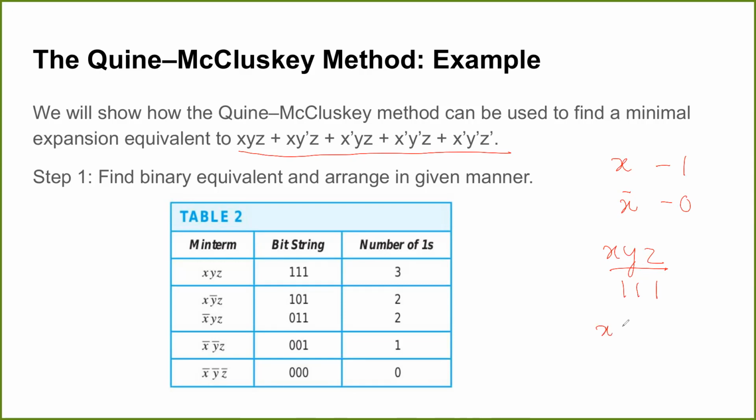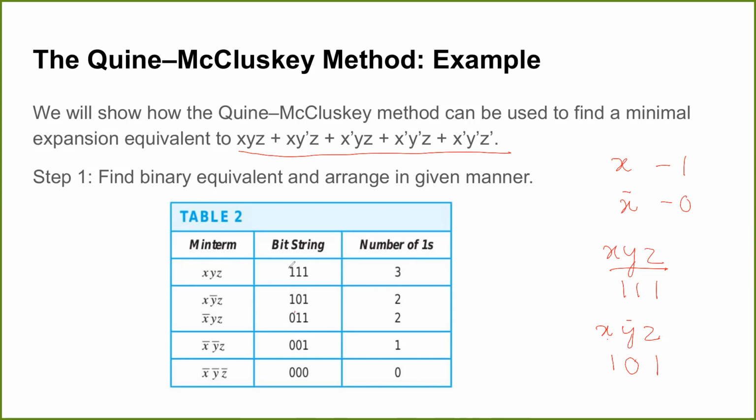Similarly, if I have x, y complement, z, then what is the equivalent string? x is in original form, y is in complement form, z is in original form. So I have 1, 0, 1. The same thing I do for all the terms which are present. I change them into their binary form, where complements get 0 and originals get 1, and arrange them in decreasing order of their ones.